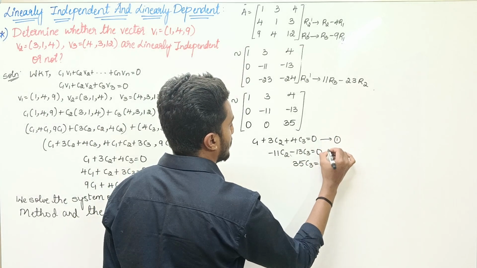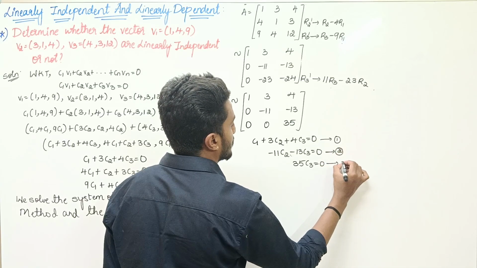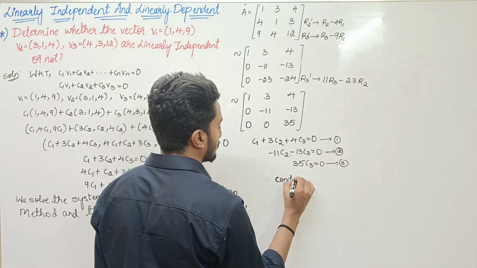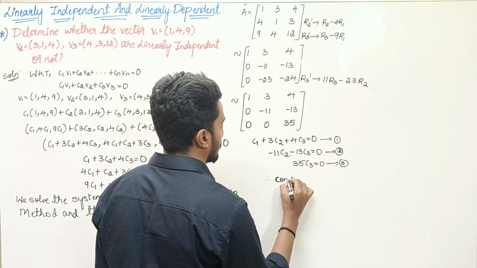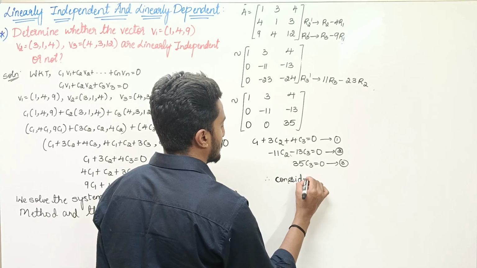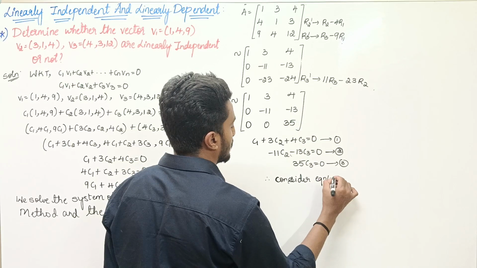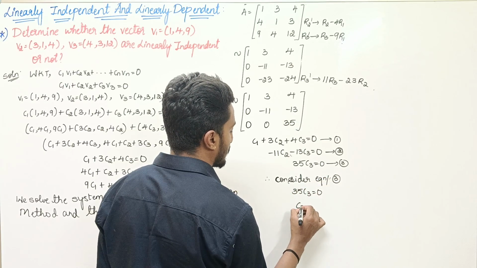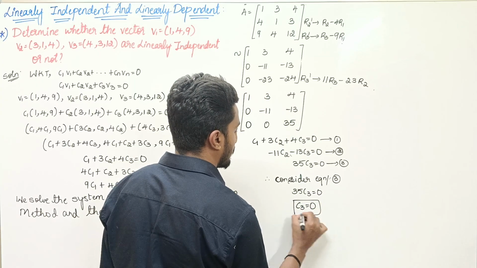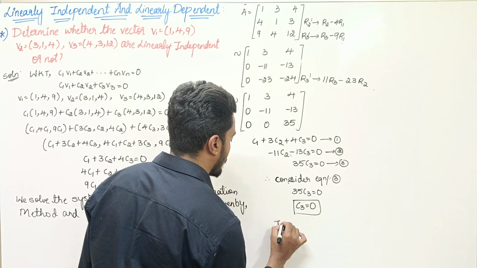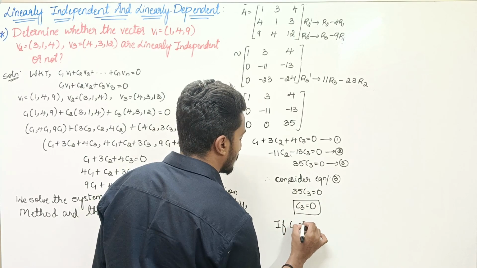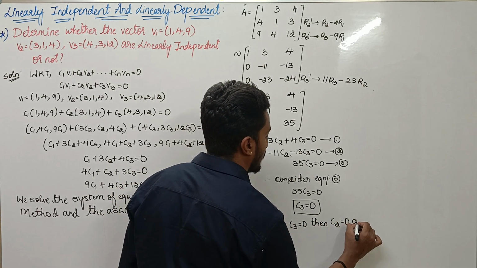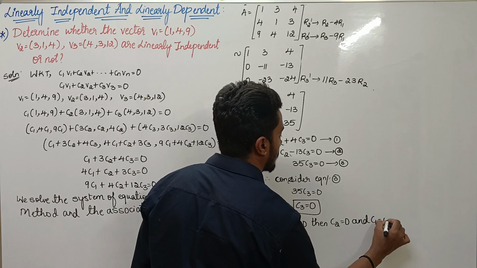Consider these as equations 1, 2 and 3. Therefore, from equation 3, 35c3 equal to 0, so c3 is equal to 0. If c3 is 0, then c2 is also 0 and c1 is also 0.